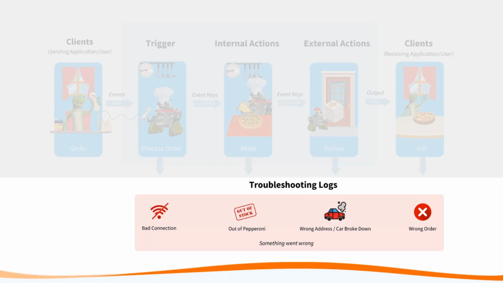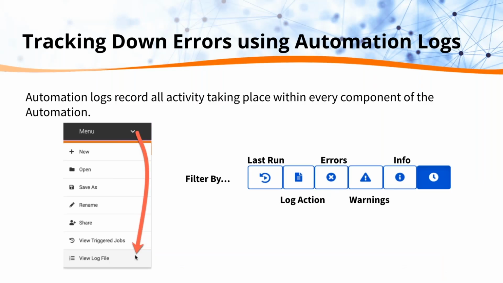So to troubleshoot anything in FME, we have to turn to the log files. So you can think of the log files as the equivalent of the tracking feature when you place an online order. Every automation in FME Server has a log that records the complete history of every event that is taking place.